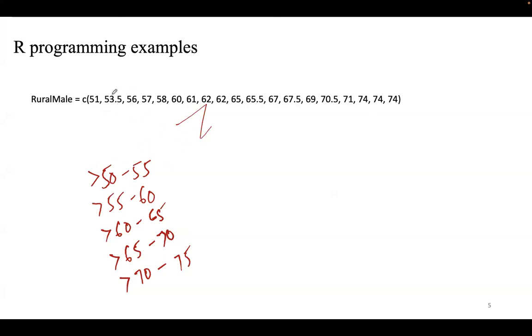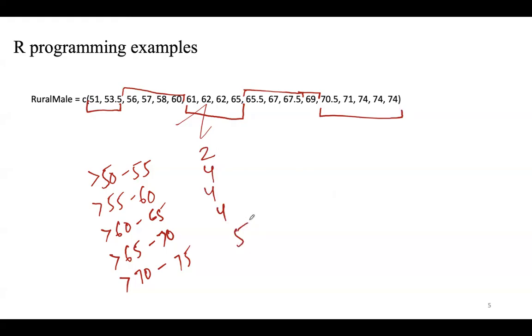Between 50 and 55 you have these two values, between 55 and 60 there are these four values, the next four values are in the category 60 to 65, four more here, and then the last five are here. So 2, 4, 4, 4, and 5.